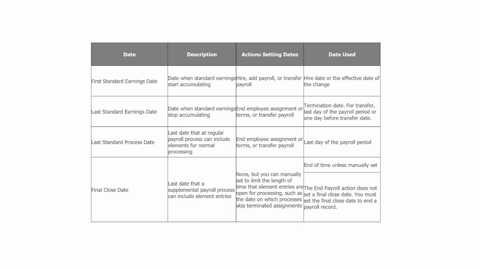So the description of the first standard earning date is the date when the standard earning starts accumulating, and the date used is the hire date or the effective date of change. Last standard earnings date is the date when the standard earning stops accumulating. Most of the time it is the end of term or termination date of the employee or the end of the payroll date of the employee.